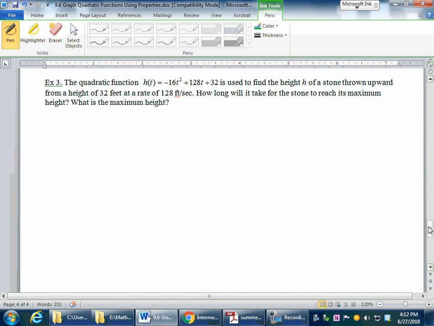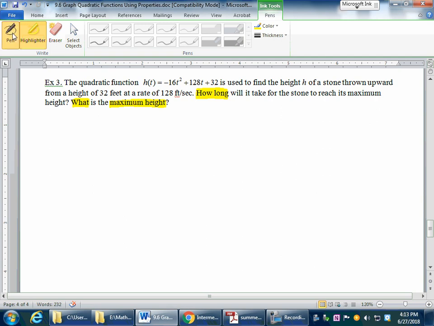How long would it take the stone to reach its maximum height? And what is the maximum height? So you have to read it carefully. First, it asks how long, right? How long would it take? And the second, what is the maximum? So first, it's asking for the time, and the second, it's asking for the actual height, right? What is the maximum height?